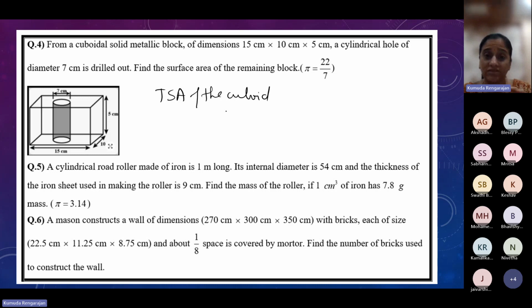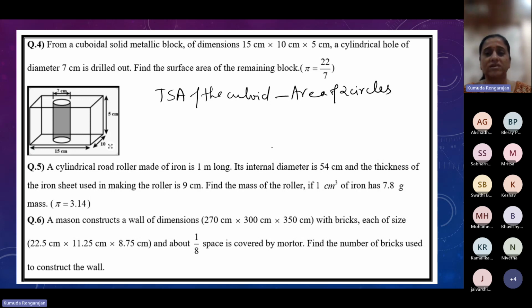When you find the TSA of the cuboid, you have included some area which is actually not there now: the areas of the two circles. So take it away, minus the area of the two circles.